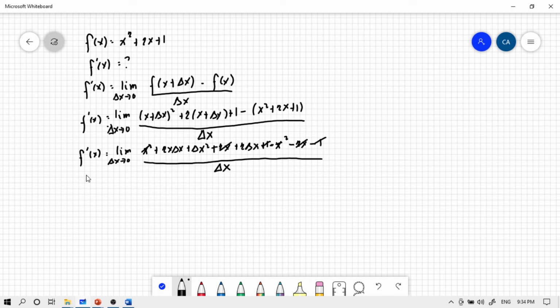So ang naiwan na lang ay we have f prime of x equals the limit of 2x delta x plus delta x squared plus 2 delta x divide by delta x as delta x approaches 0.